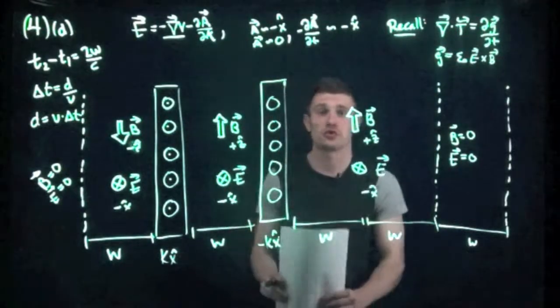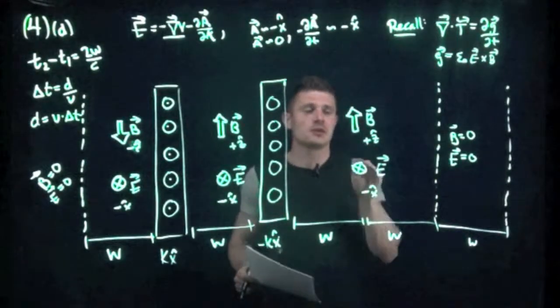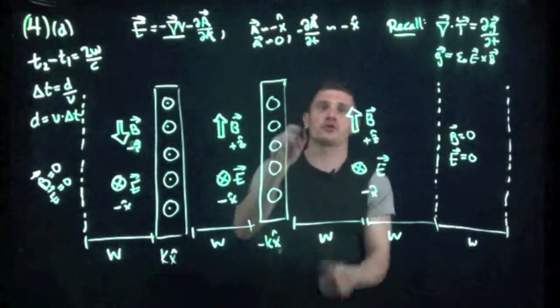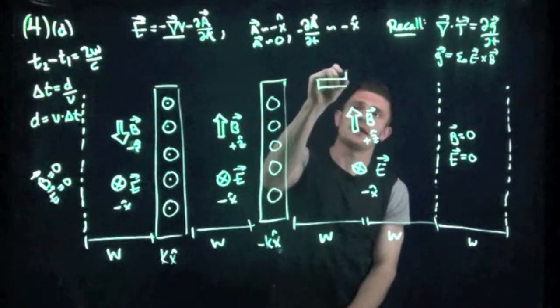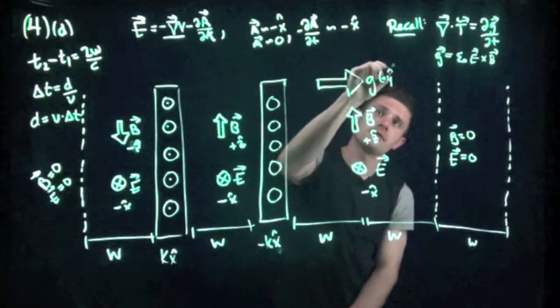So if we want to know the direction of g, we can simply look at the cross product of E cross B. So we have E into the page, B curls around, so therefore g will be propagating in the y hat direction, positive y hat.